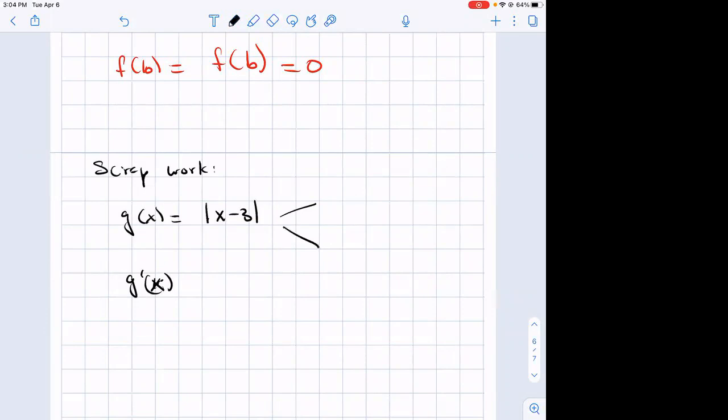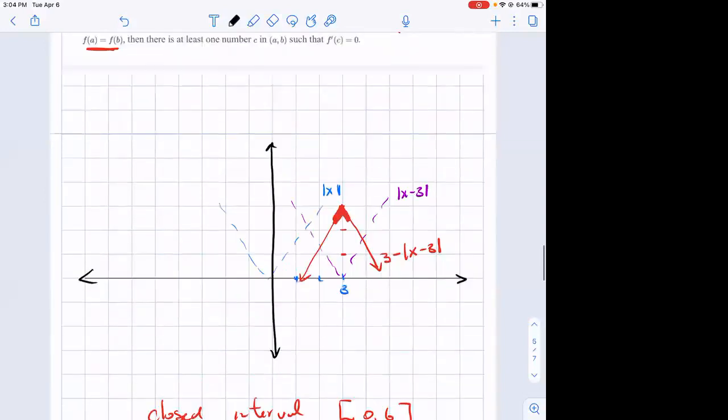We can say it's x minus 3, the positive, and minus x minus 3. Those are the two parts. So this is for x greater than 3, and this is for x less than 3. So you have to differentiate each part. And that's the same thing you're going to have to do here, if that's what you're asking me, Yang Yang.